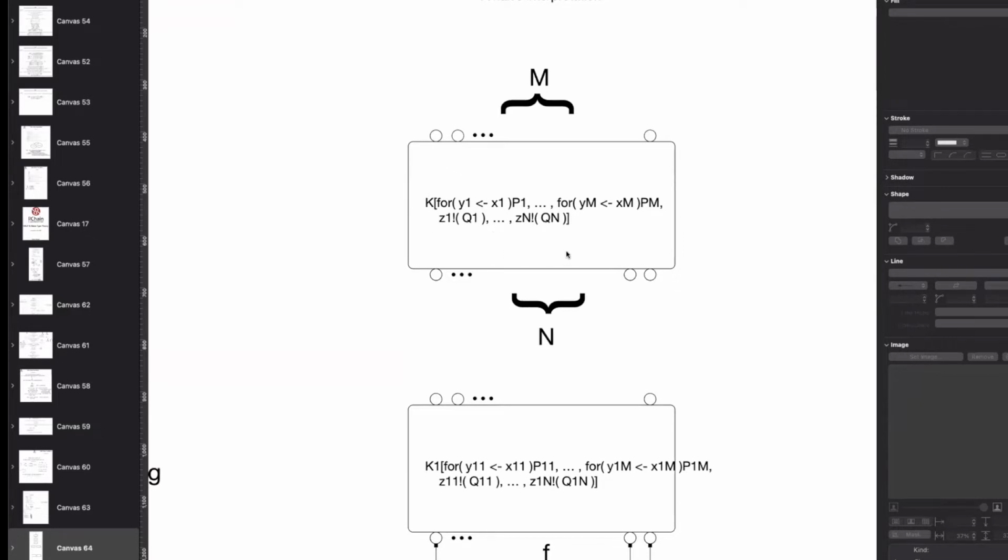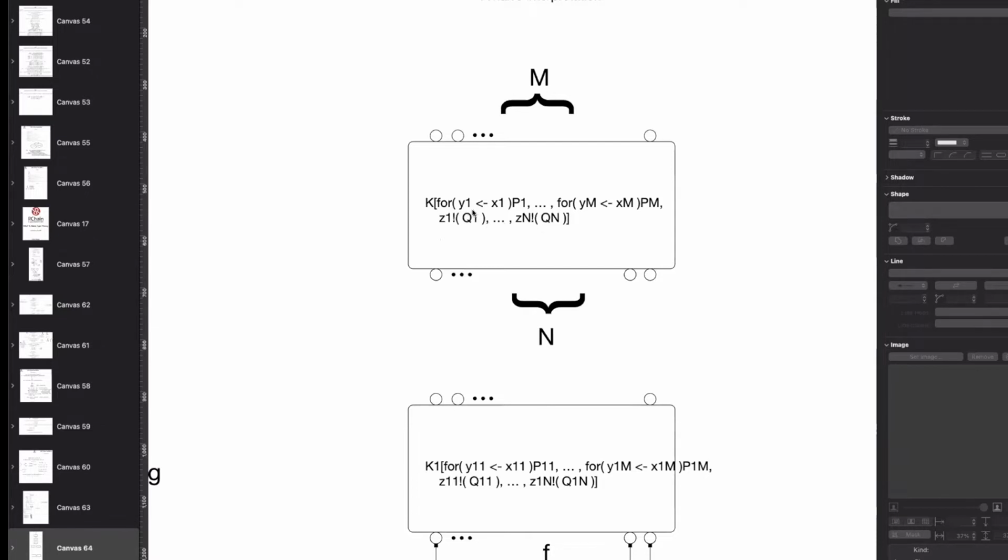The proposal is that this is some context, and for each input, we're going to have a for comprehension in the context. And for each output, we're going to have a corresponding send that corresponds to that port. So let me just stop there and make sure that all of that makes sense.